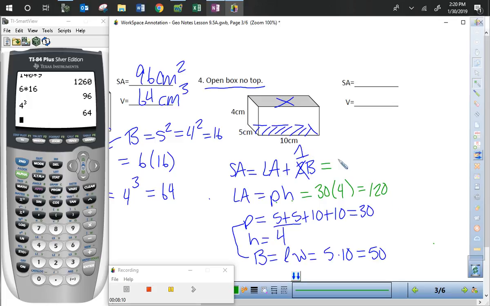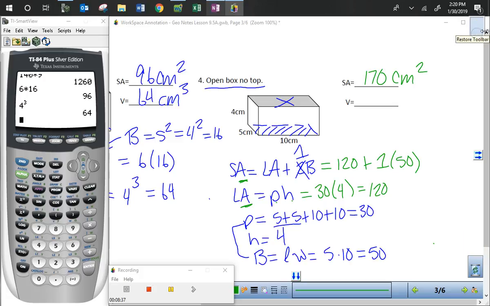Our lateral area, we said, was 120, plus 1 base. Our base was 50. So we just have to take 120 plus 50 here, for a total of 170. All of this is area, so centimeters in this case squared.